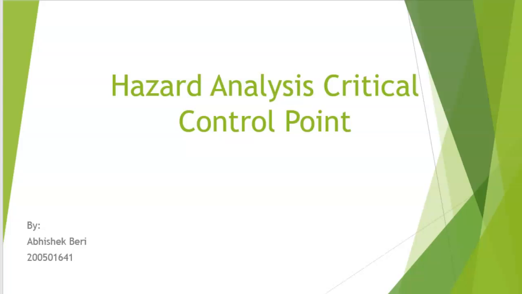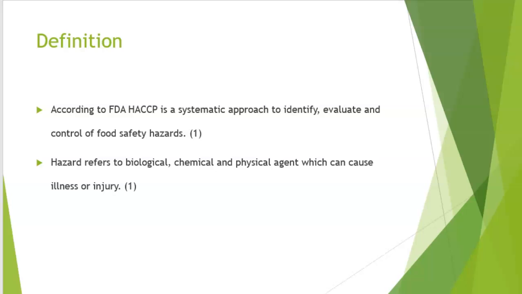Hello, my name is Abhishek Berry and I'm here to present HACCP, which stands for Hazard Analysis Critical Control Point. So, first question is what is HACCP? According to FDA, HACCP is a systematic approach to identify, evaluate, and control food safety hazards.